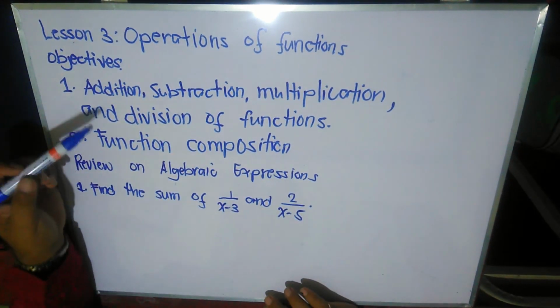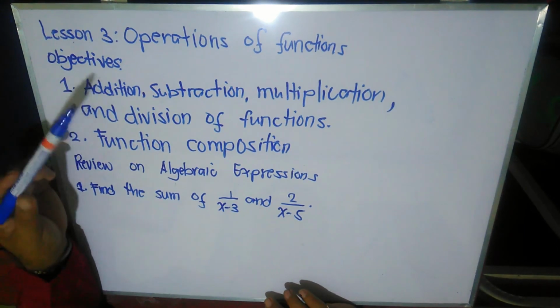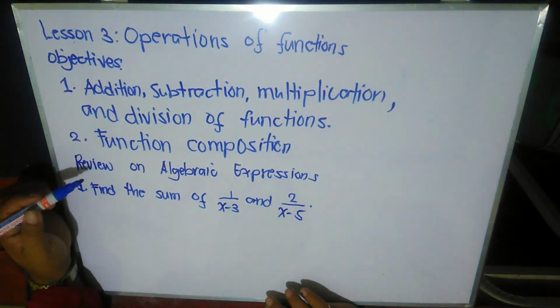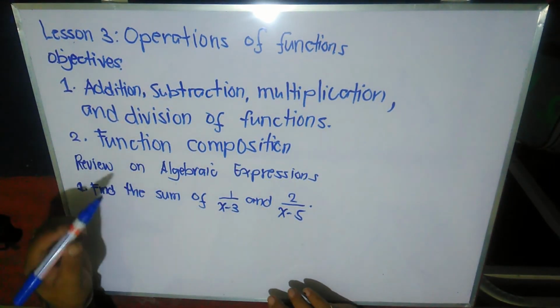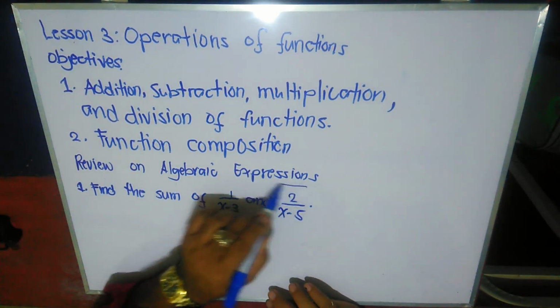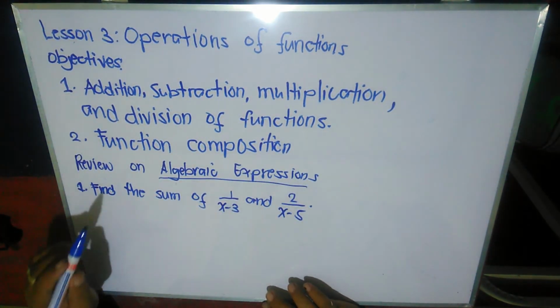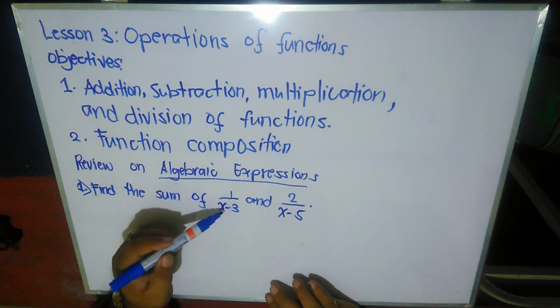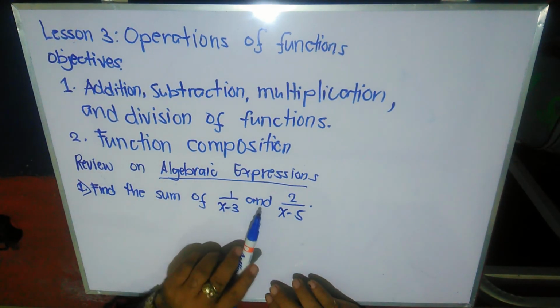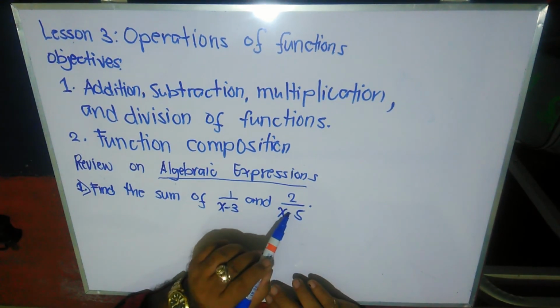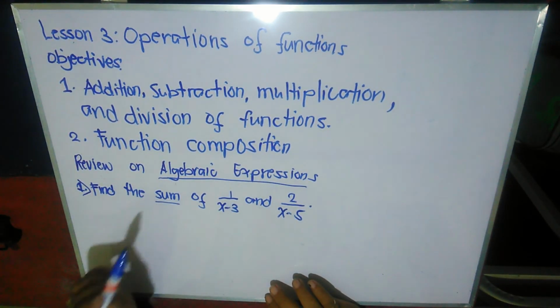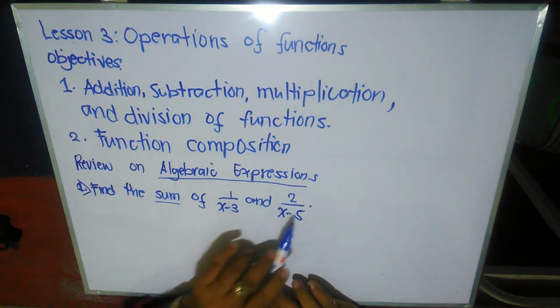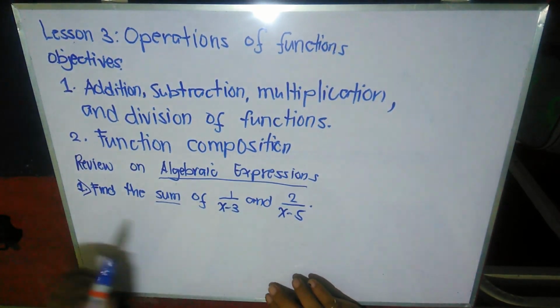Before we discuss the operations of functions, let us first have a review on algebraic expressions. Let us have an example. Find the sum of 1 over x minus 3 and 2 over x minus 5. Take note, sum means you add the two expressions.